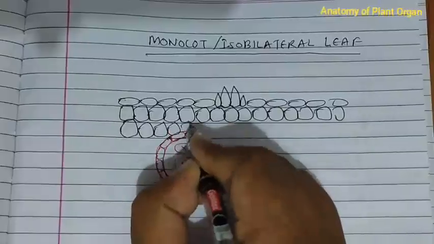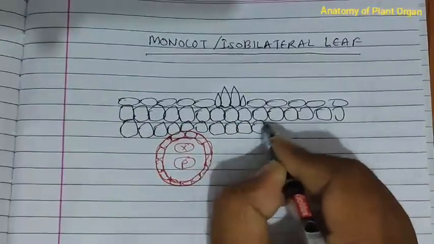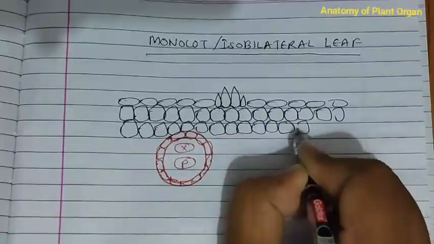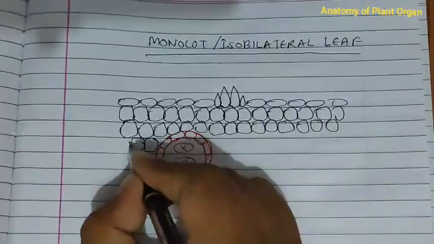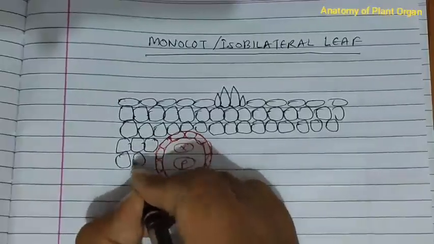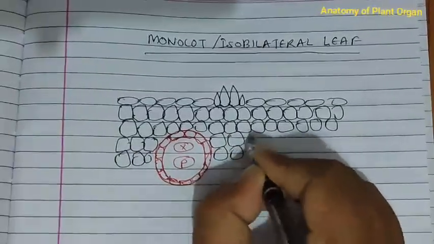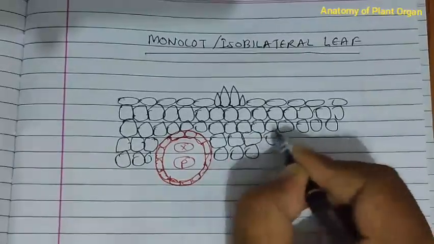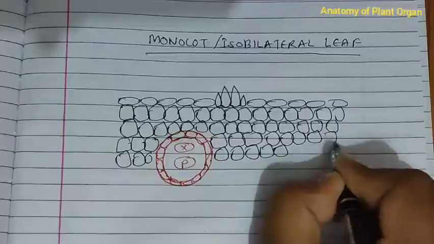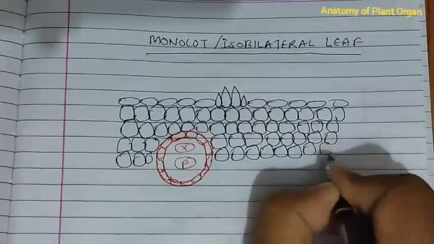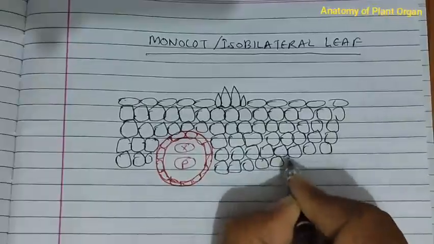These are mesophyll cells. One point that you should remember is that there is no division in type of mesophyll cell like palisade and spongy as we observed in dicot leaf. Here only one type of mesophyll cell is observed, as you can see here, and they are closely packed or closely associated with each other.